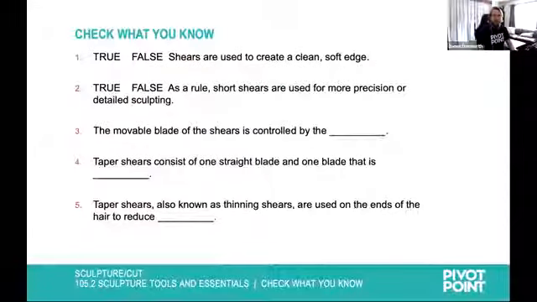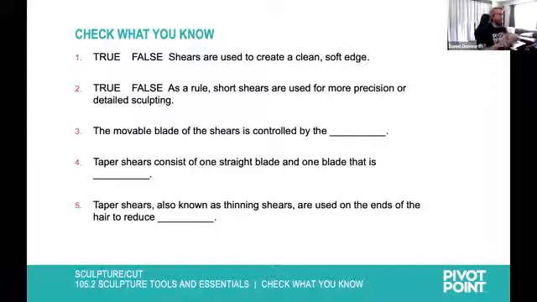True-false. Shears are used to create a clean, soft edge. Would you consider this to be true or false? You can also list true or false in the chat, and let's see what you think.